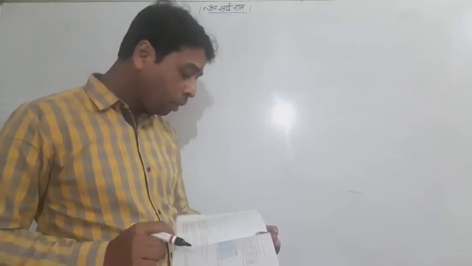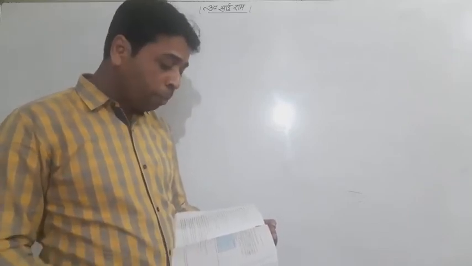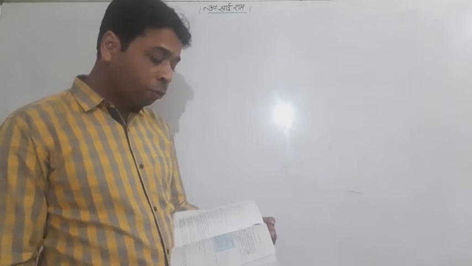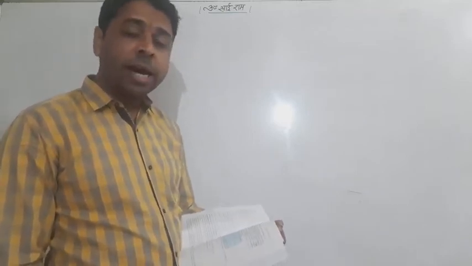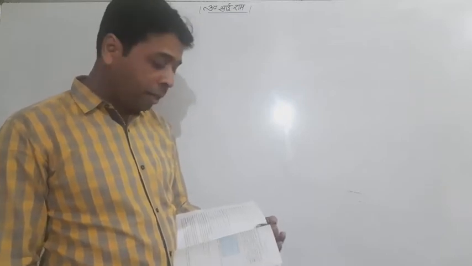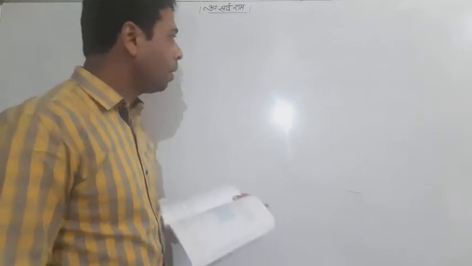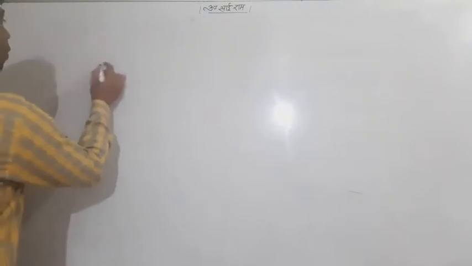A dietitian wishes to mix two types of food in such a way that the vitamin contents of the mixture contain at most 8 units of vitamin A and 10 units of vitamin C. I just try to tell you with a rough picture.